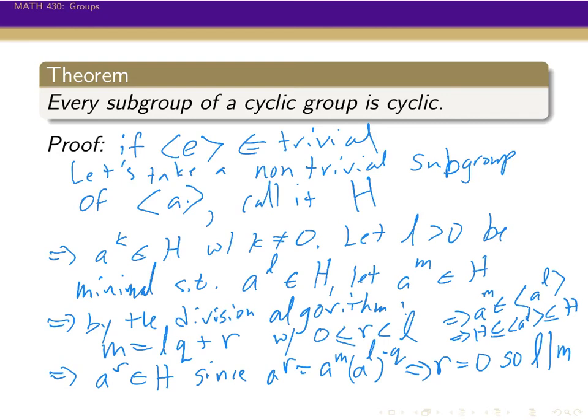So this non-trivial subgroup H that we started off with is generated by A to the L. And so since this is any non-trivial subgroup, this is always going to work.